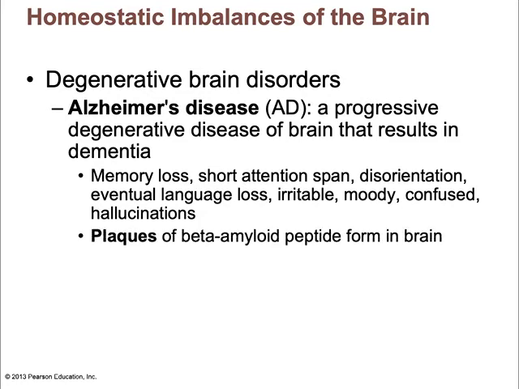One of the hallmarks of Alzheimer's are beta amyloid plaques that form in the brain. We don't know whether this is a cause of Alzheimer's or an effect of Alzheimer's. We just know that it is a hallmark of the disease. This may be a disease that operates similar to the way that prions operate.